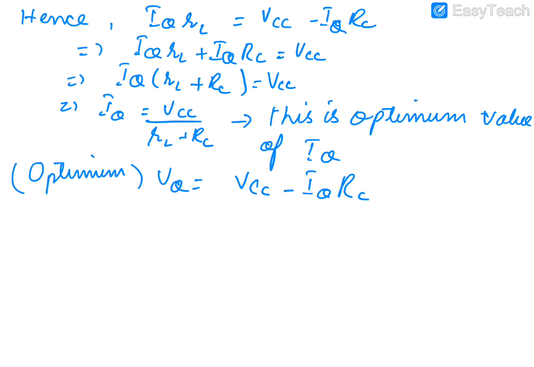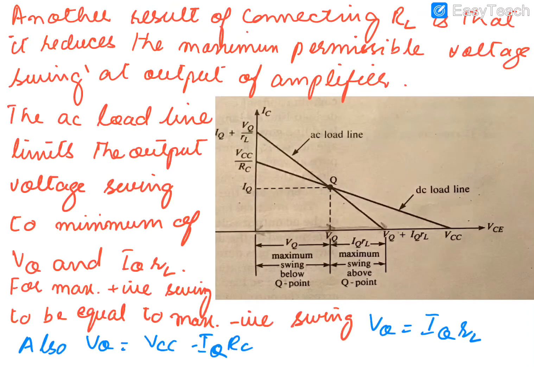This is the optimum value of IQ, and the optimum value of VQ will be equal to VCC minus IQ RC. So for the optimum value of VQ and IQ, we will choose the output swing that is smallest.